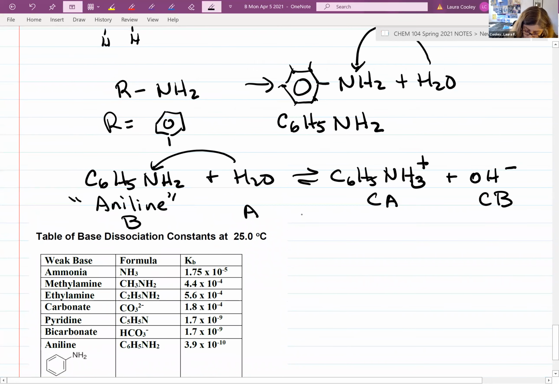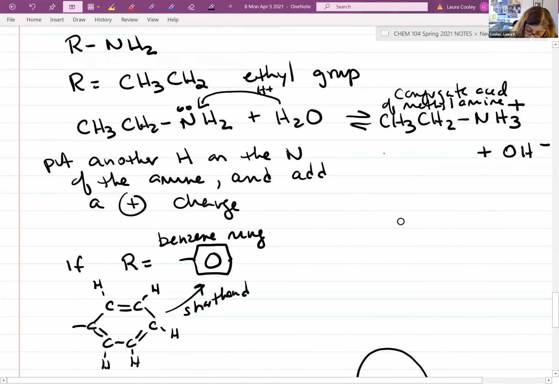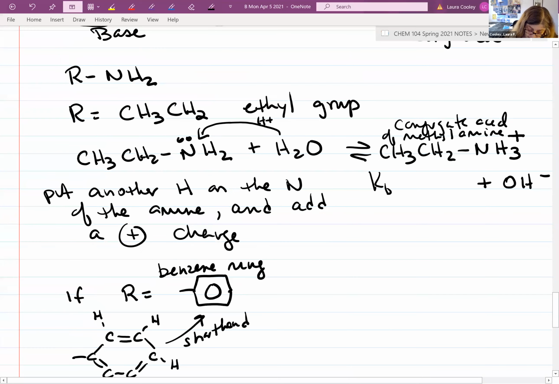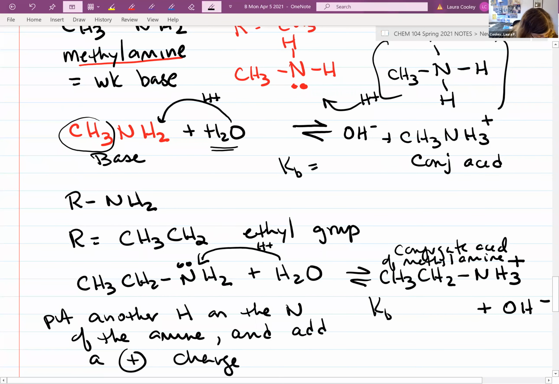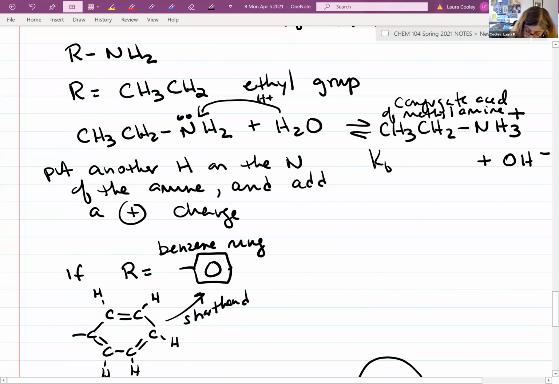So this reaction here will have a Kb. And this one for ethylamine will have a different Kb. And this one for methylamine will have a different Kb. For methylamine, it's 4.4 times 10 to the negative 4th. For ethylamine, it's very similar. It's 5.6 times 10 to the negative 4th.